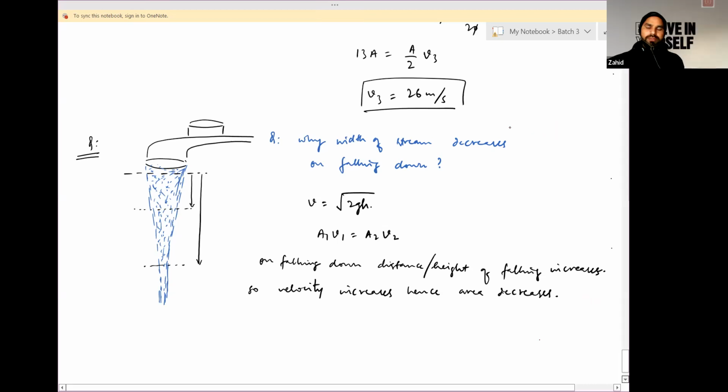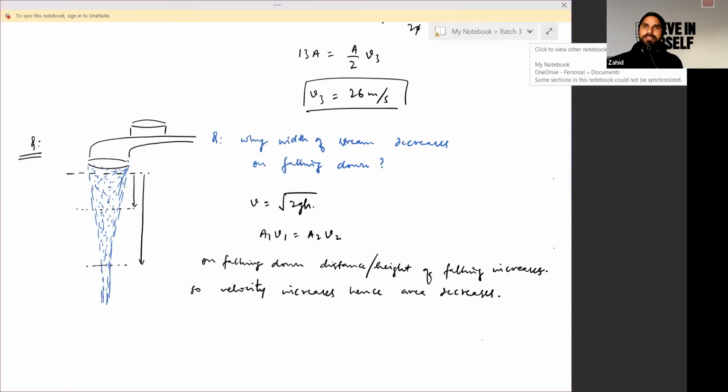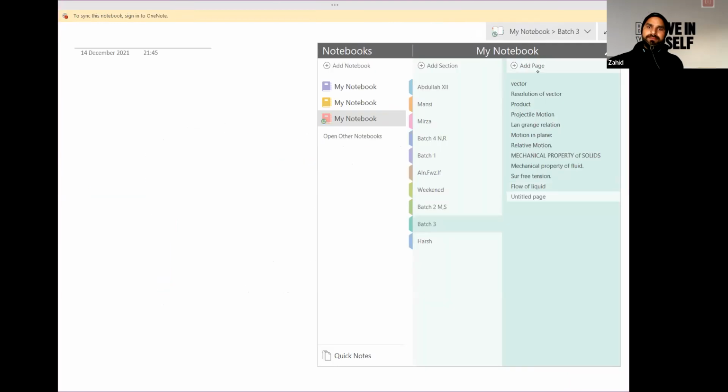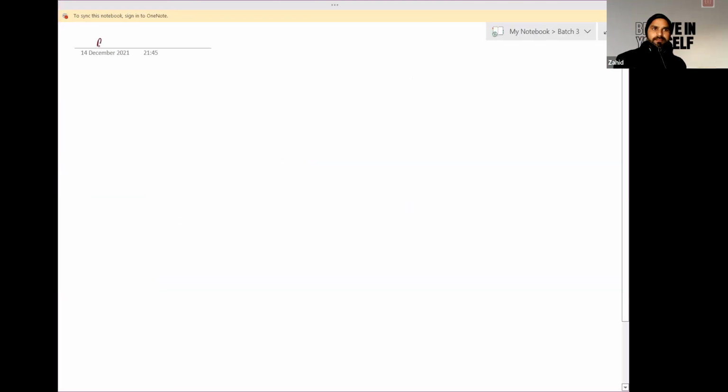So this is all about the equation of continuity. Next, the most important part of this particular chapter is Bernoulli's principle. Suppose you have a tube of varying cross section and whose ends are at different levels.